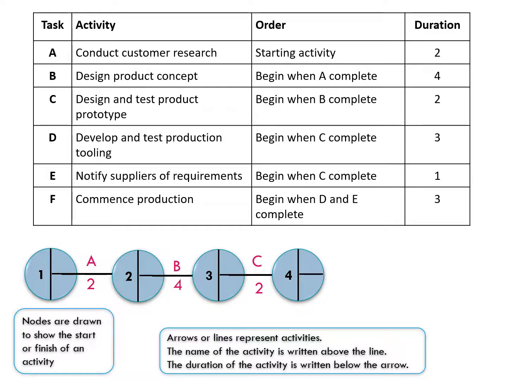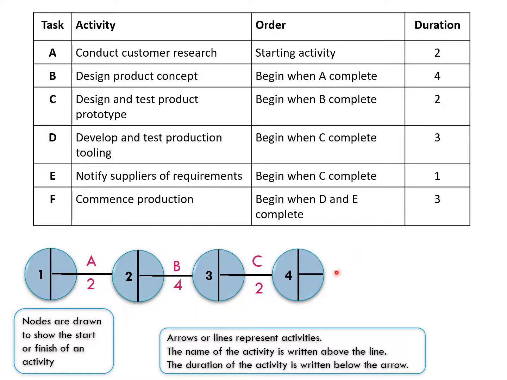When C is finished, I can add in D. Now, it starts to get a bit interesting here, because when C is complete, I can begin D. But also when C is finished, I can begin E as well at the same time.